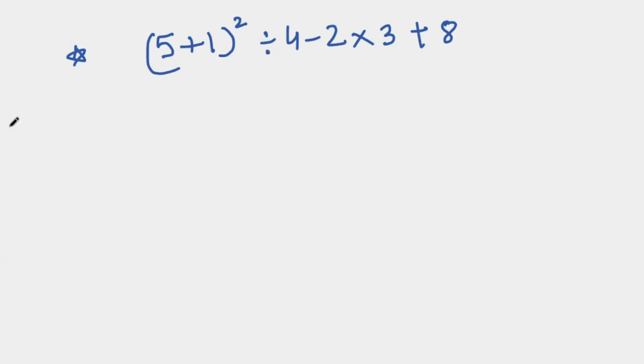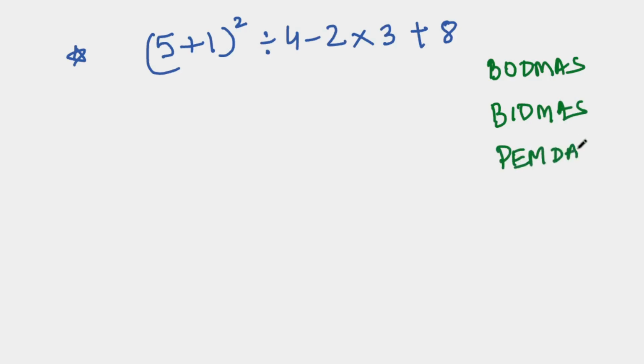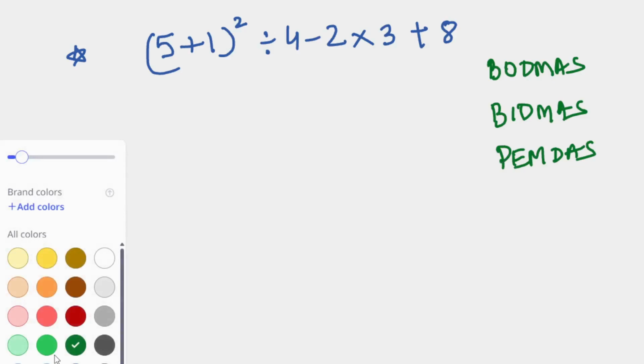So for better understanding, we will write the rules here. BODMAS, BIDMAS and PEMDAS, right? Now first, the bracket, the parenthesis, is solved.